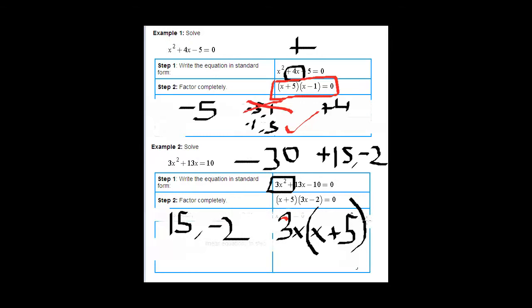So we do, I can't fit it in the camera. 3x times x plus 5, times negative 2 times x plus 5, because that's negative 2x plus 5, so that's negative 10.